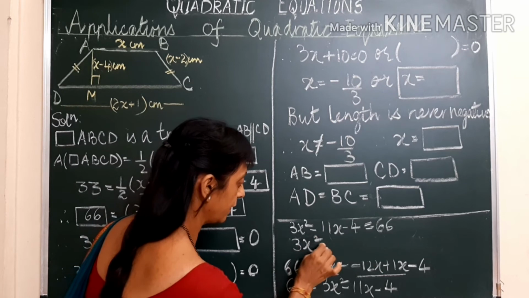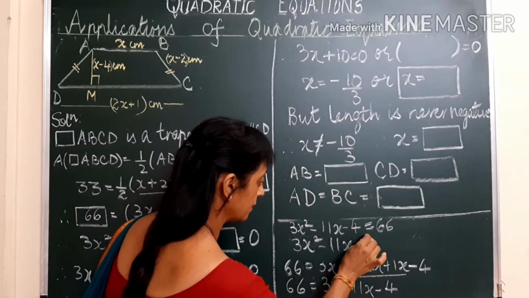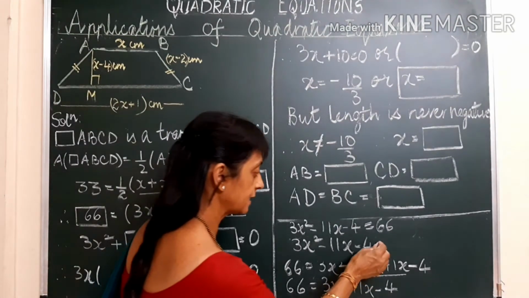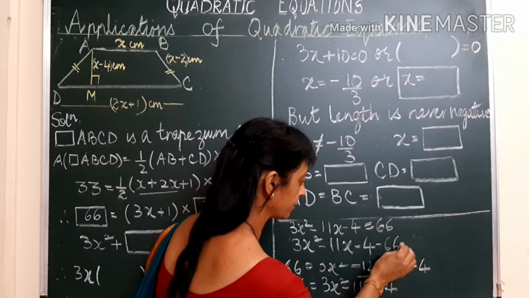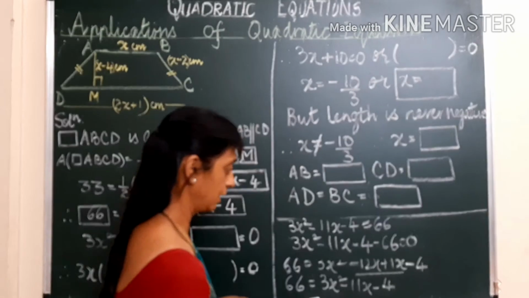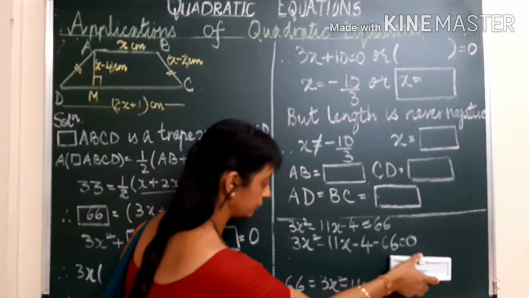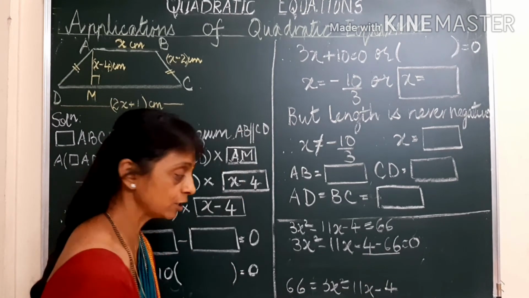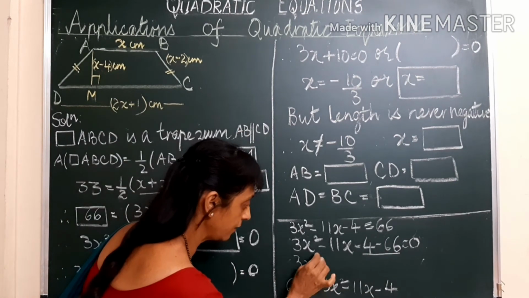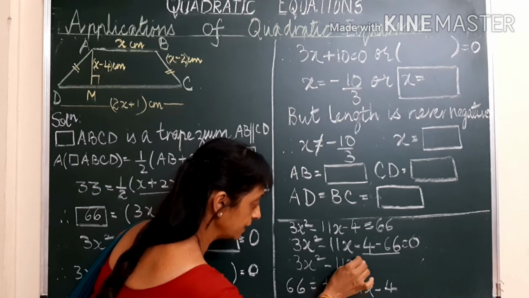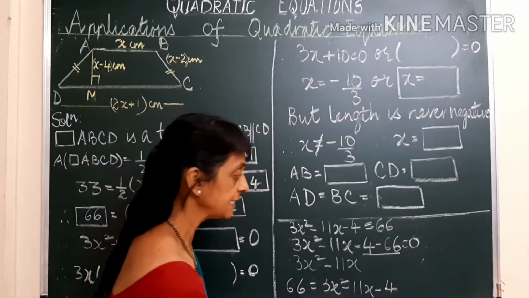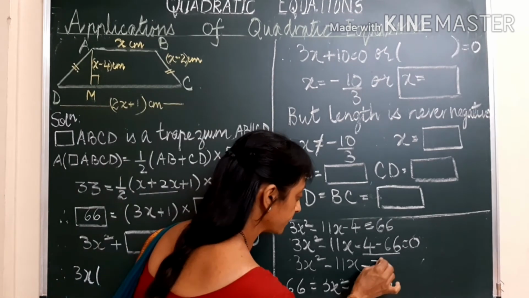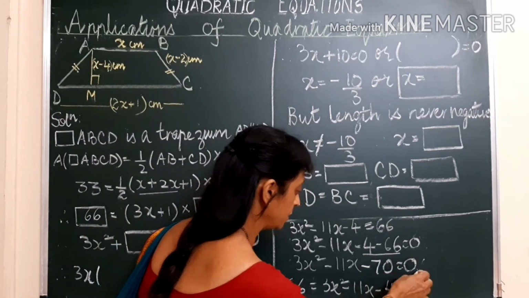So 3x squared minus 11x minus 4 minus 66 is equal to 0. So over here, these are the like terms. Let's solve them again. So you get 3x squared minus 11x minus 4 minus 66 will give you minus 70, which is equal to 0.